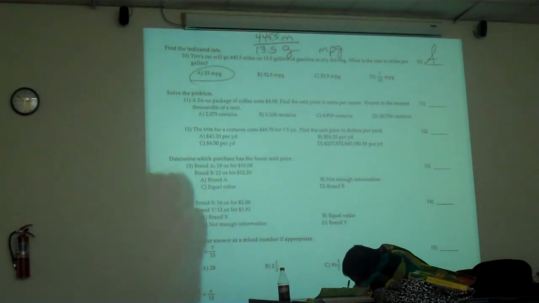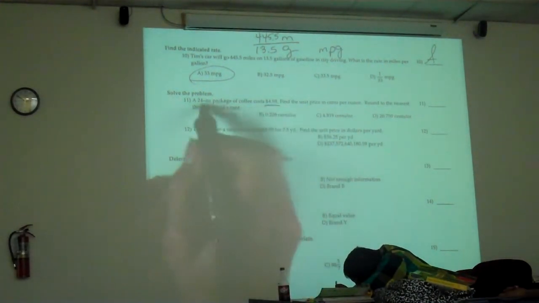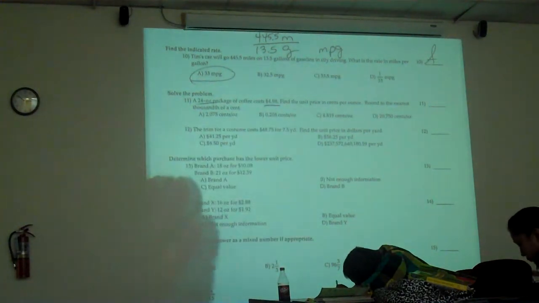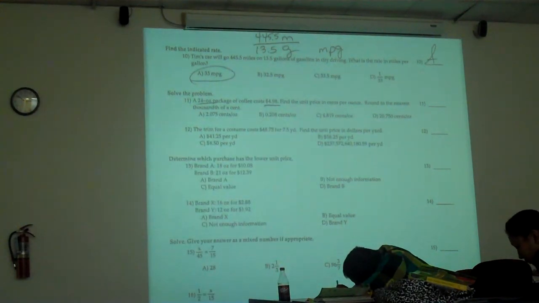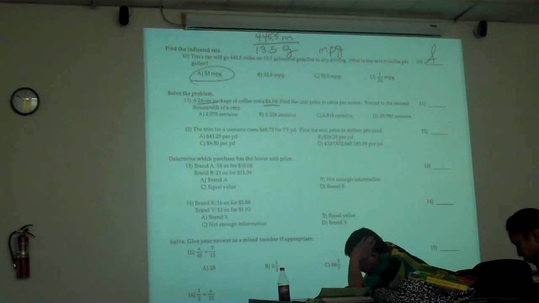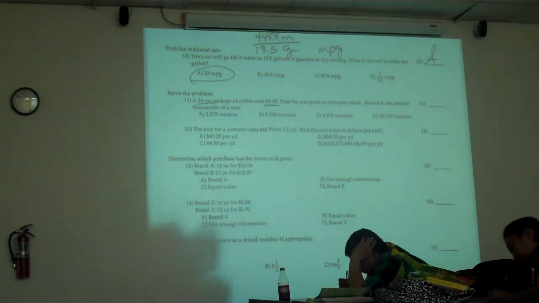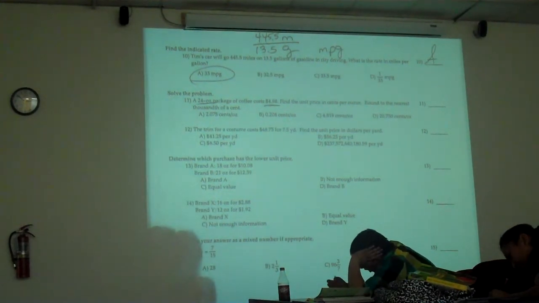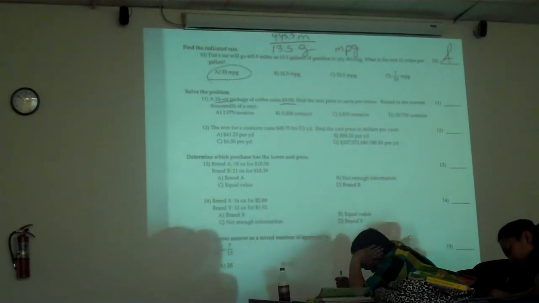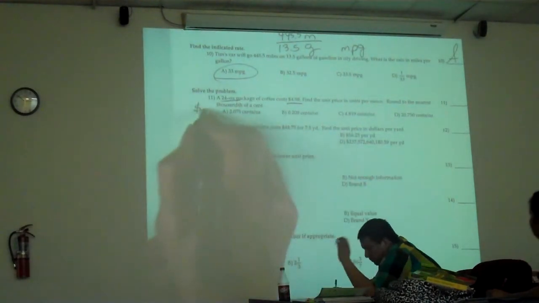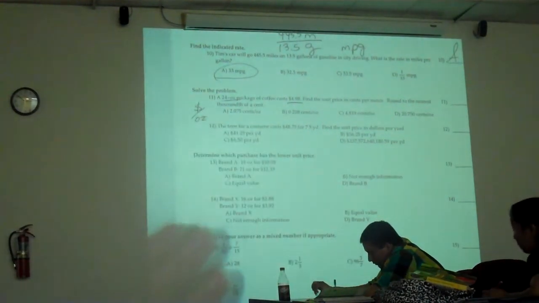Okay, 11. A 24-ounce package of coffee costs $4.98. How are you going to get the unit price for that? Do you have 24 on top or bottom? You need the price per ounce. You need the price on top.